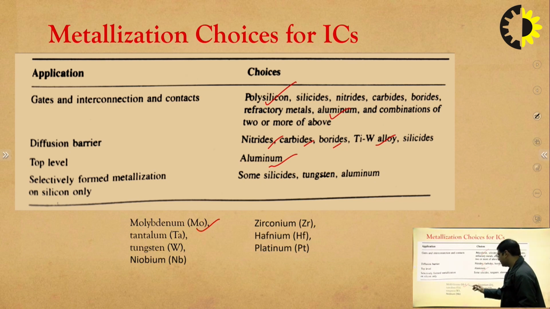Some of the other metals that we can use in metallization are molybdenum, tantalum, tungsten, niobium, zirconium, hafnium, platinum. So these are the different metals that we may use depending on the requirement of metallization.